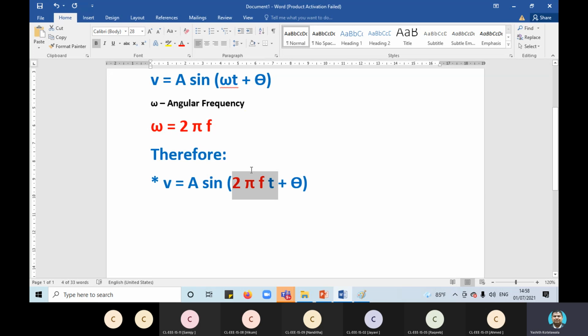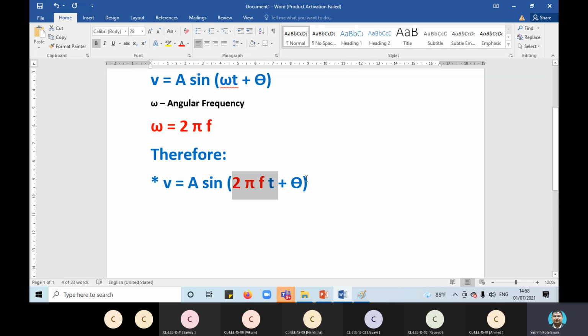2 pi is equal to 360. 360 times 10 is 3600 degrees. 3600 degrees times 10 gives 36,000 degrees. Then 36,000 degrees plus theta in degrees.